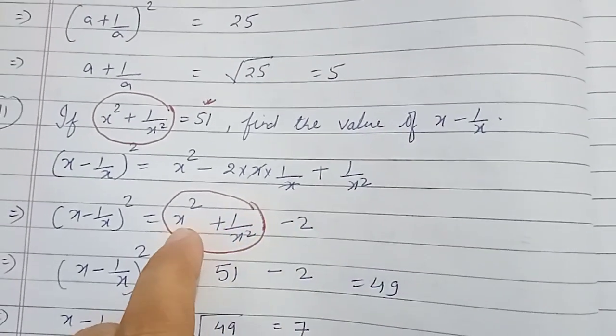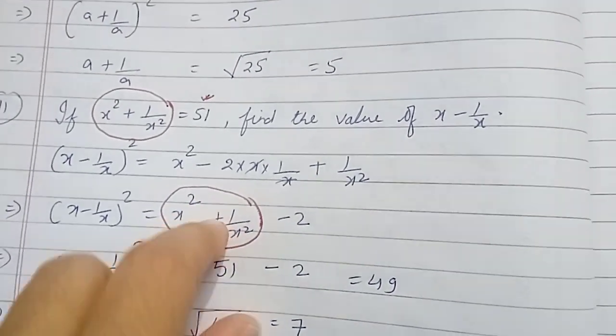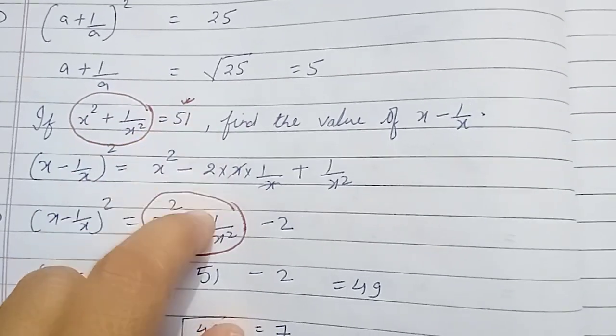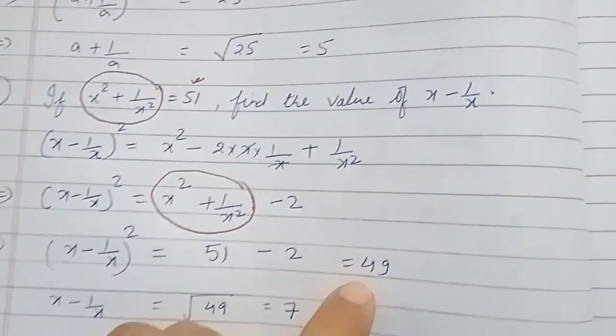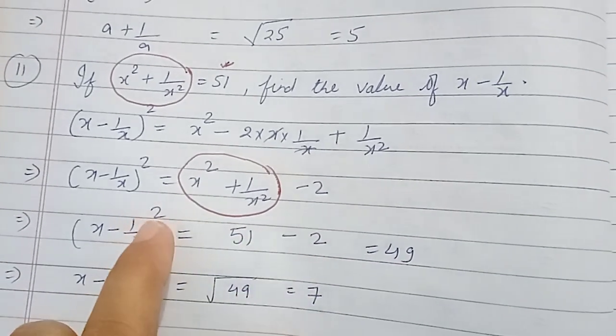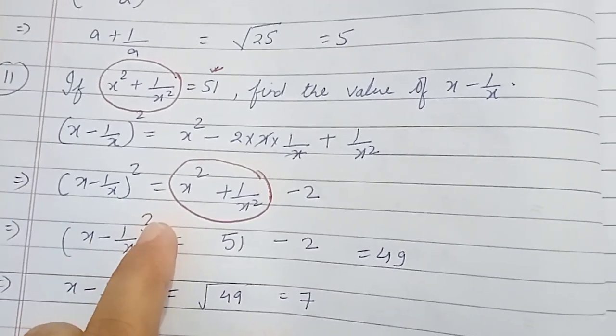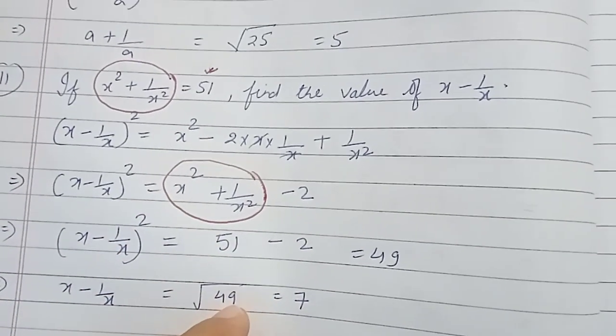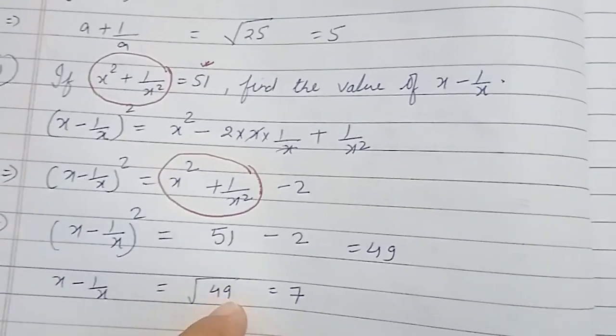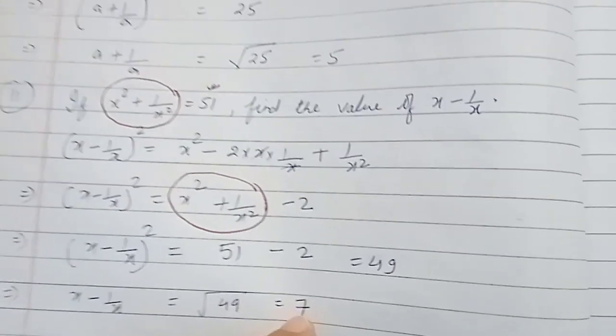After that, the value of this part is given in the question. It's 51. Put 51 here. 51 minus 2 is 49. Now this square will move to the other side. When the square goes to the other side, it becomes square root. The square root of 49 is 7.